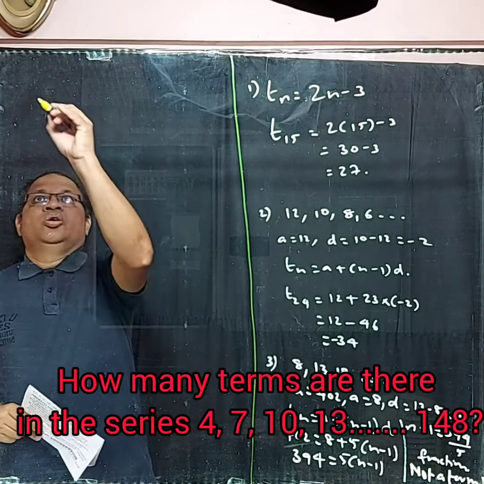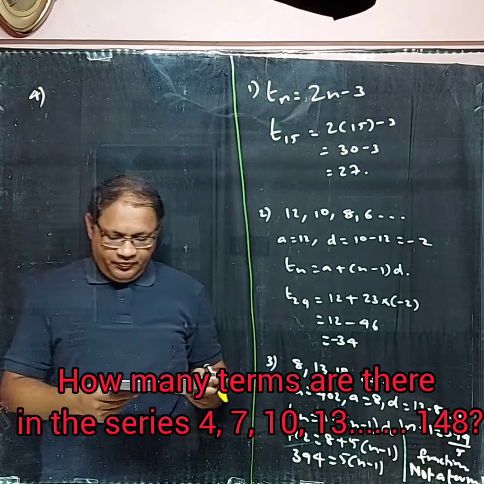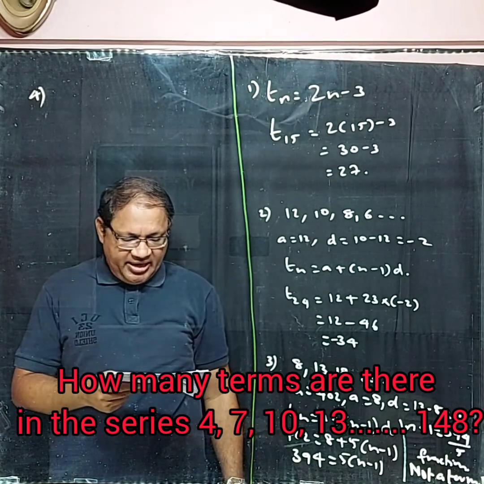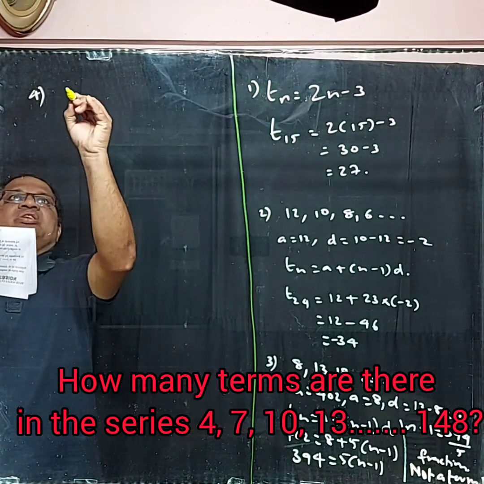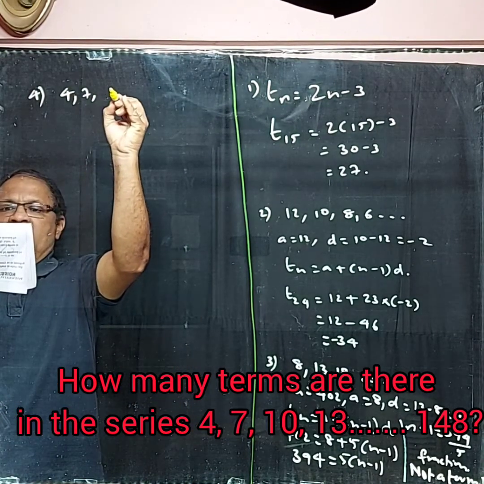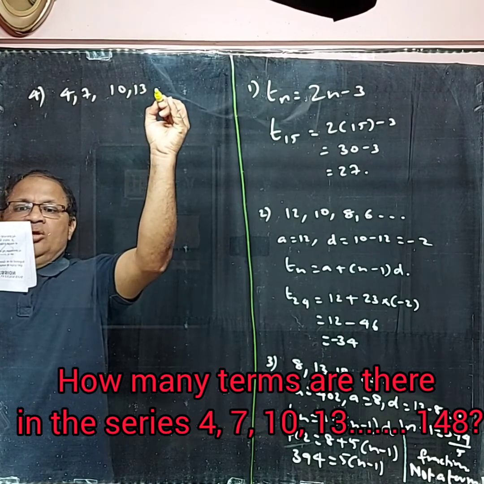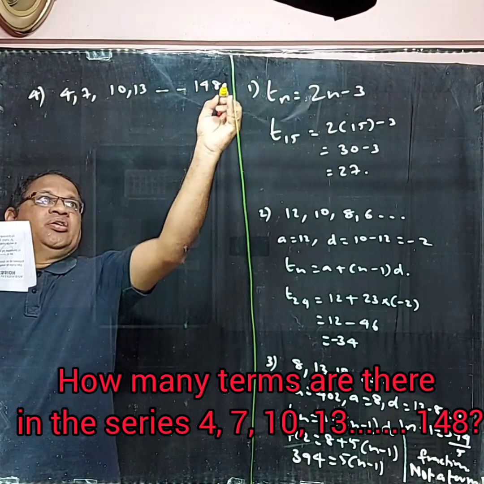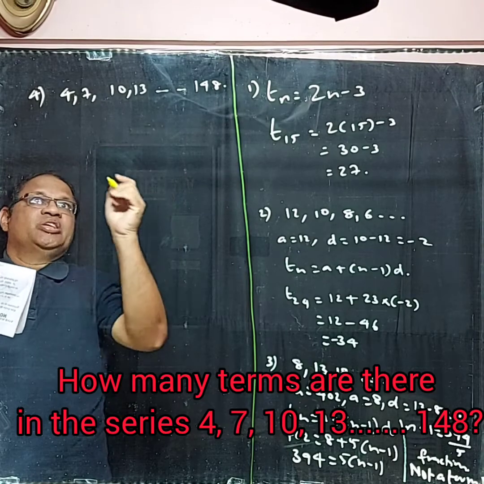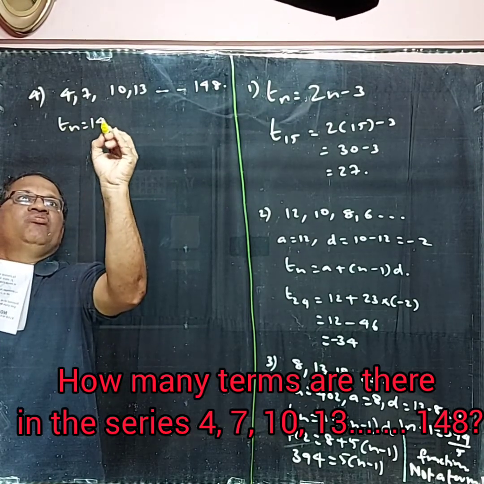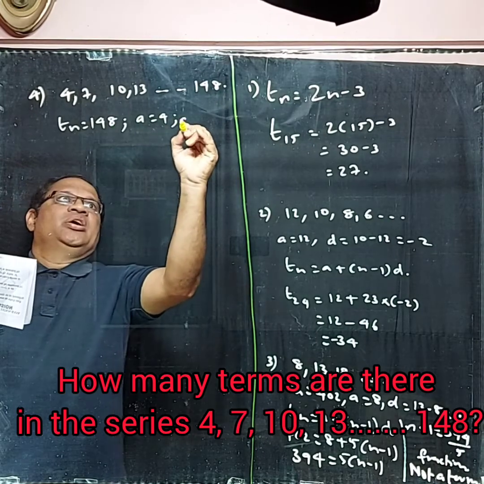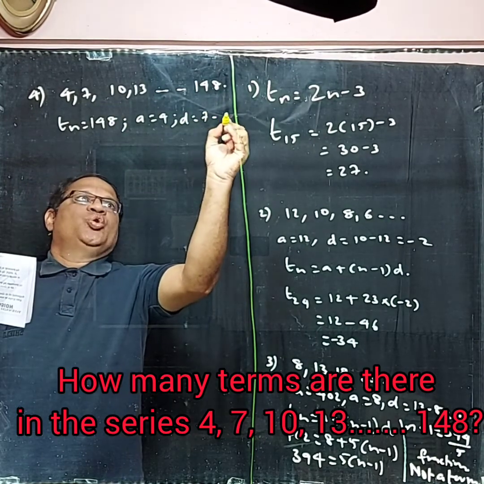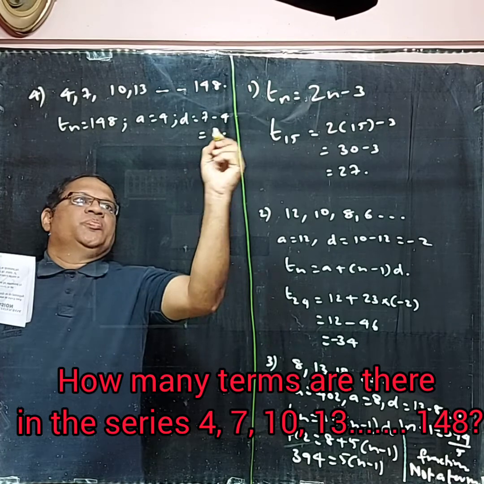Next, fourth sum. How many terms are there in the series? So now over here they have given this series 4, 7, 10, 13 goes on till 148. That means the last number is 148, that is Tn is 148. A is 4, that is the first term, and D is 7 minus 4, 3.